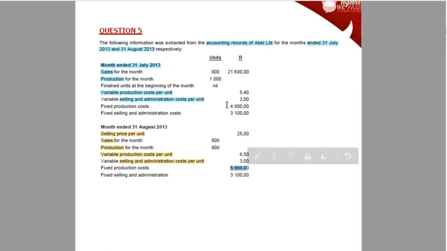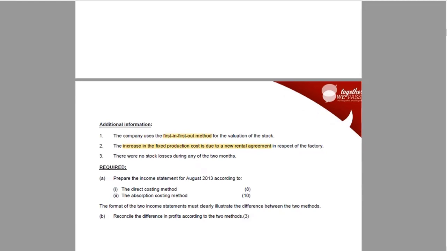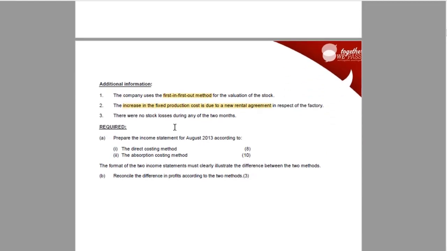So you can see there is an increase over just a month. They tell you that the increase in that fixed production cost is due to a new rental agreement, hence the fixed cost changed. There were no stock losses during either of the 2 months, so that's great.